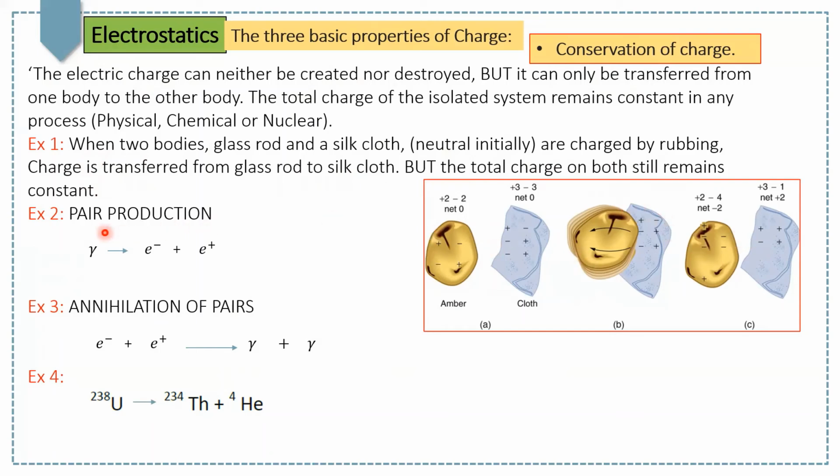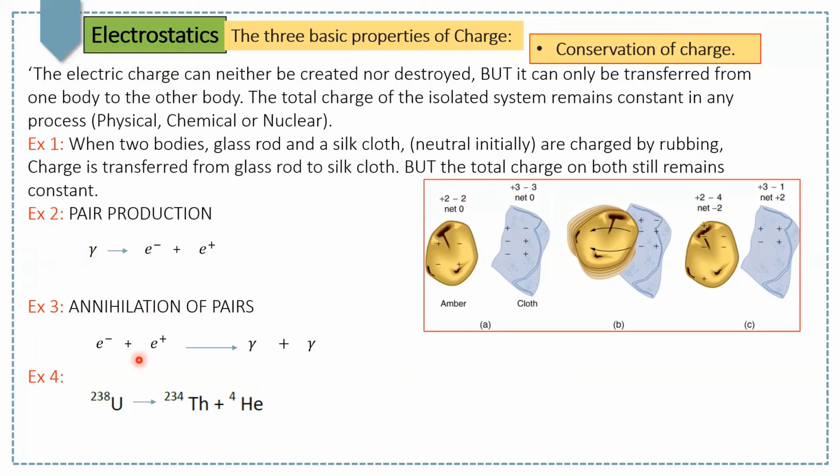Here is a second example. When a gamma ray photon of energy equal to or greater than 1.01 mega electron volt comes closer to the nucleus, the electric field of the nucleus would annihilate the gamma ray and create a pair of electron and positron. But the total charge is equal to zero on both sides.